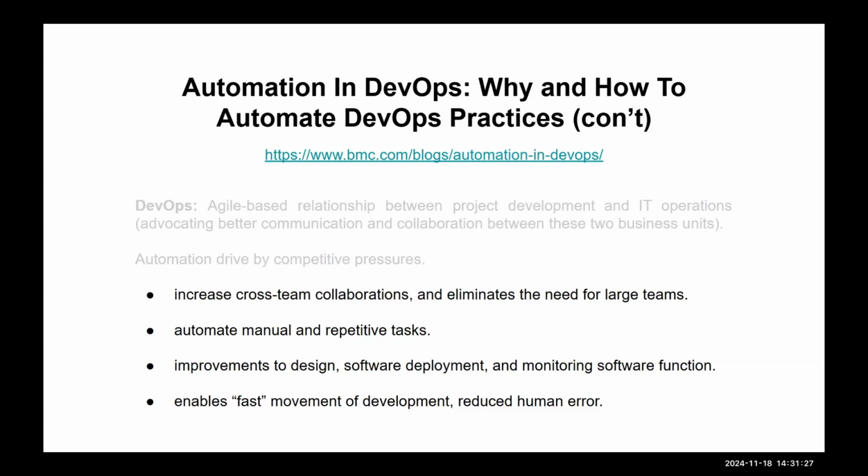It also eliminates the need for large teams. So, if you think about managing a team manually, in other words, if I go out and I try to get people to coordinate their efforts, I would think, well, if I want to get some of these cross-team collaborations done, if I want to solve problems quickly, I need as many people.